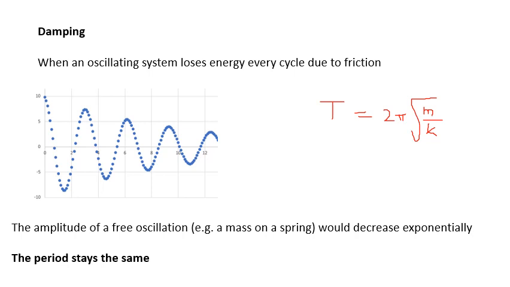If it's a free oscillation, if you get it oscillating and then leave it alone, there's a kid on a swing, give them a push and then don't touch them again, and the amplitude will get smaller and smaller. It'll actually go down exponentially, the amplitude, but the period stays the same.